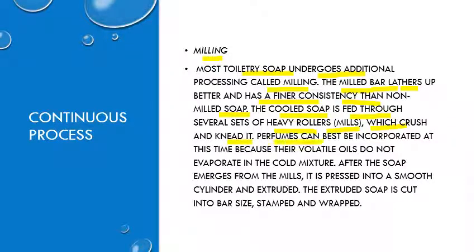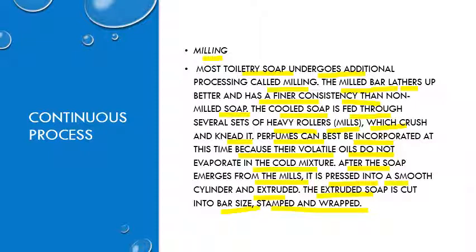Perfumes can best be incorporated at this time because their volatile oils do not evaporate in the cold mixture. After the soap emerges from the mill, it is pressed into a smooth cylinder and extruded. The extruded soap is cut into bar size, stamped and wrapped.